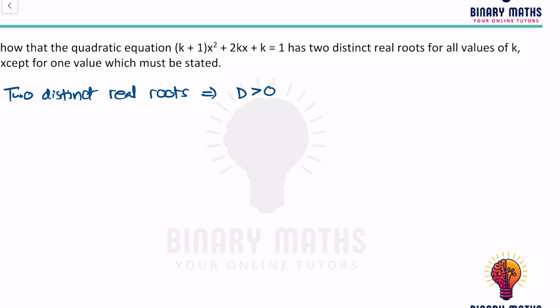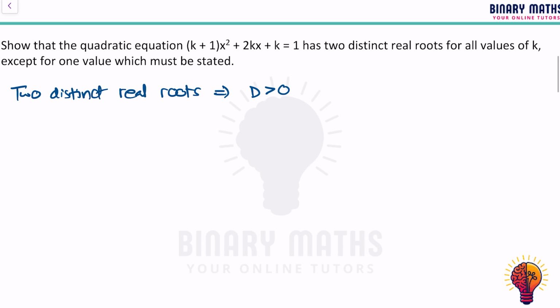Okay, so now my quadratic equation, I need to make it equal to 0. So if I do that, I've got (k + 1) x squared + 2kx + k - 1 = 0.